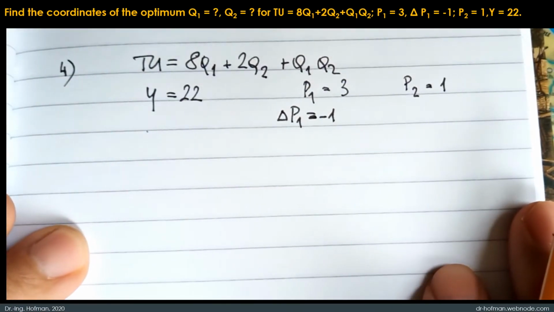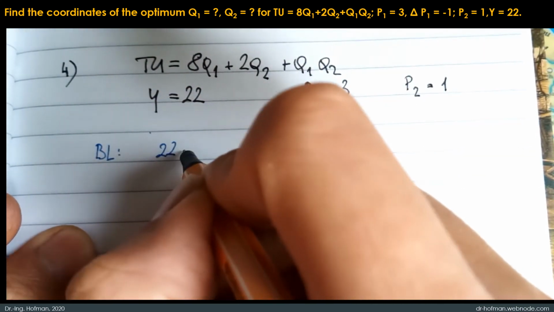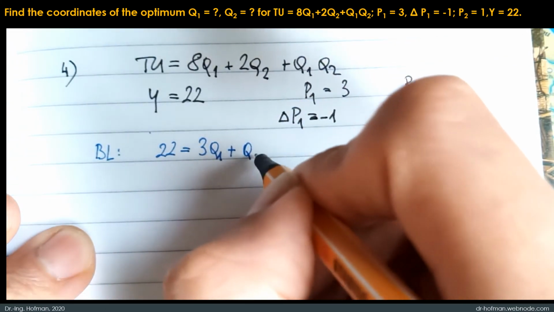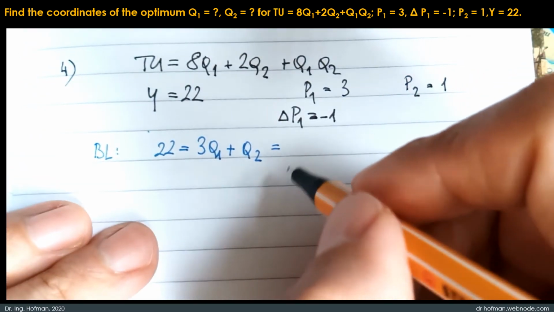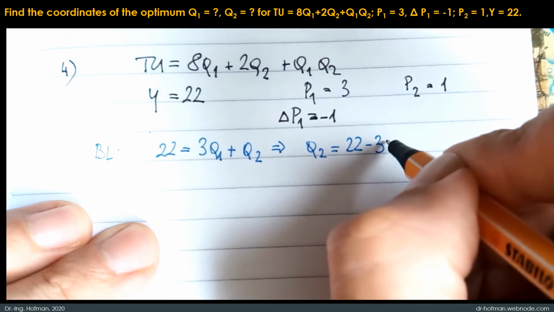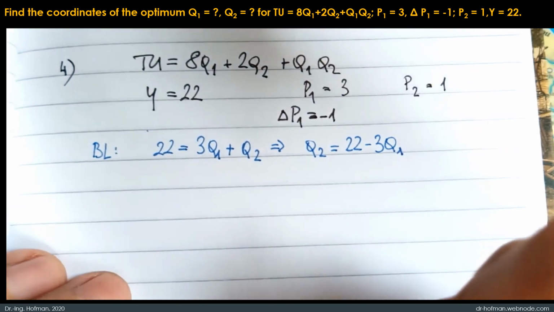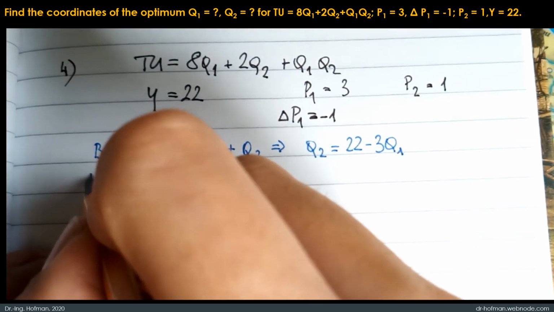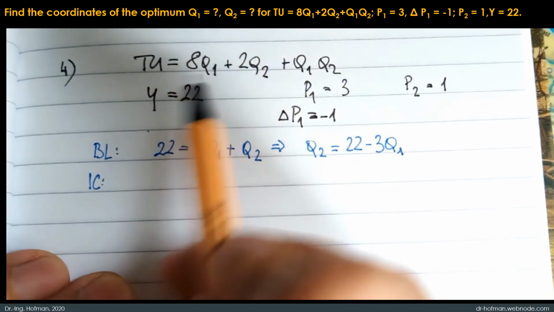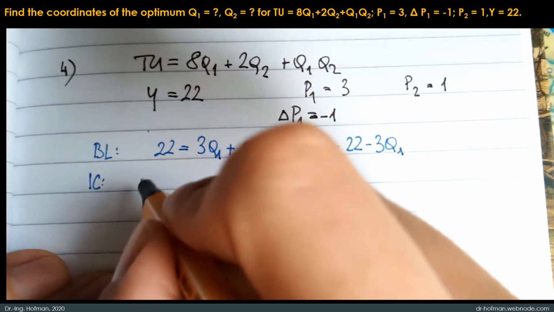Let's start searching with the budget line. We know that yield is 22, price 1 is 3, and price 2 is 1 euro. That's why I substitute into the budget line expression, and I express Q2, the quantity of the second good, as 22 minus 3Q1. Now, for the indifference curve optimum, I know that I need marginal utility 1 over marginal utility 2.